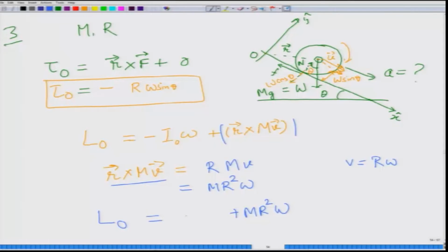So we have already calculated the moment of inertia I omega in the last problem, which is 1 by 2 m r square omega, and here is a minus sign, because this angular momentum is clockwise, so it should be a minus sign here. It will be minus 3 by 2 m r square omega.